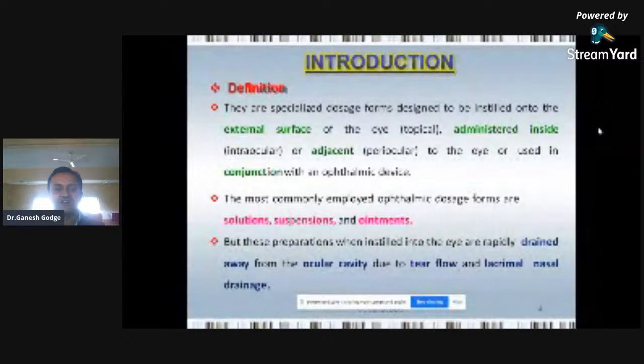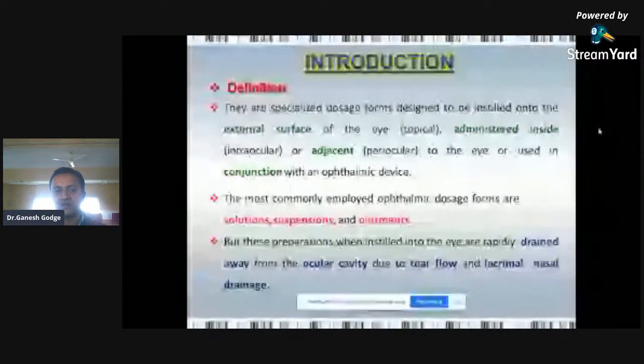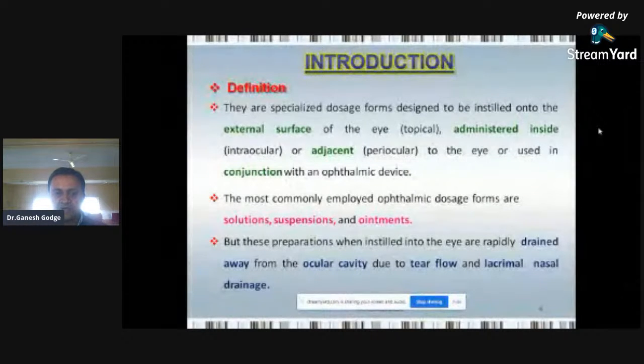The conventional ocular preparations are solution, suspension, or ointment type of ophthalmic formulations. But these preparations, when instilled into the eye, are rapidly drained away from the ocular cavity due to tear flow and lacrimal or nasal drainage.